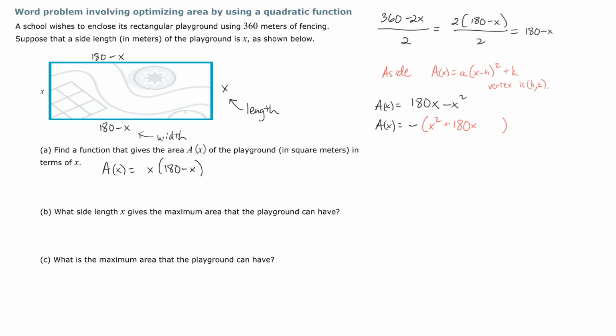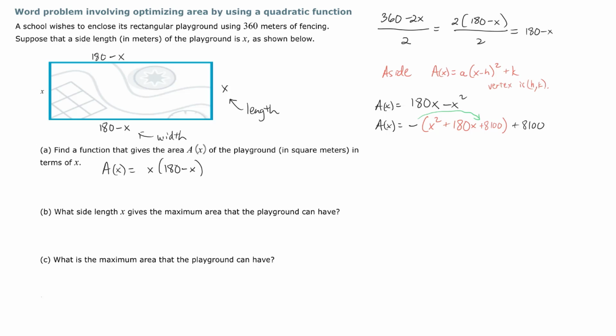So take 180, divide by 2, we get 90. You square it, you end up getting 8,100. But we subtracted 8,100, and so to add 0, we're going to add it back. That makes 0, and we're good.